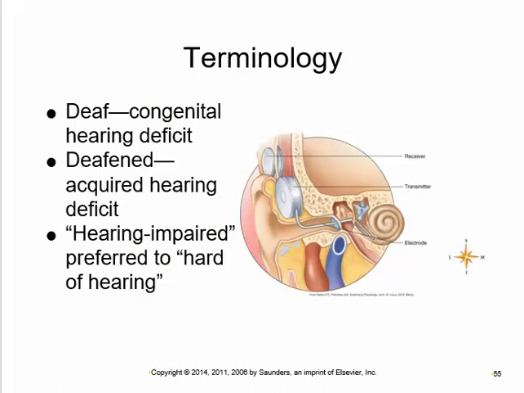This is a little bit of semantics, but if someone is deaf, it really means there's a congenital hearing deficit. If they're deafened, it's an acquired hearing deficit. Now, like I say, this is semantics. People with acquired hearing deficit will probably refer to themselves as deaf.